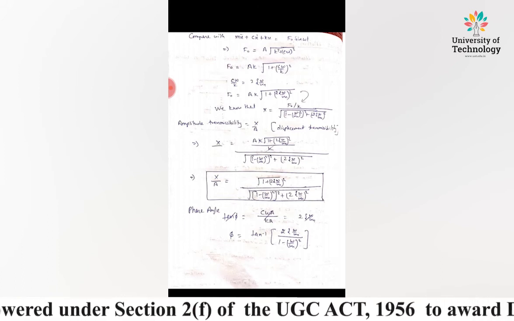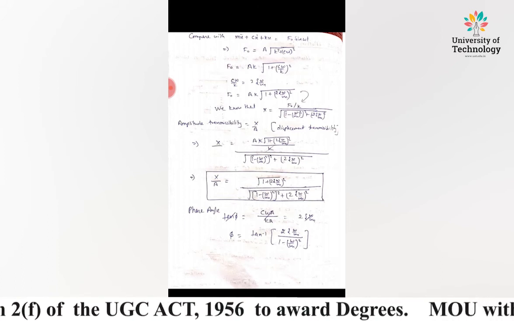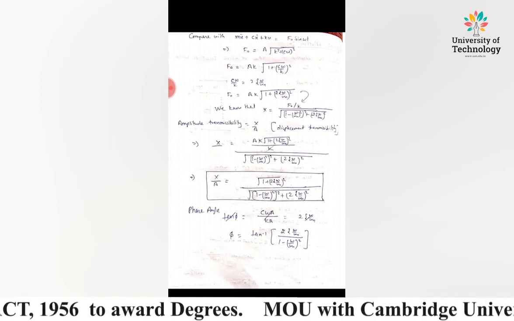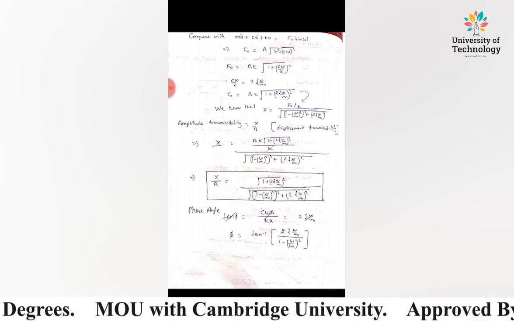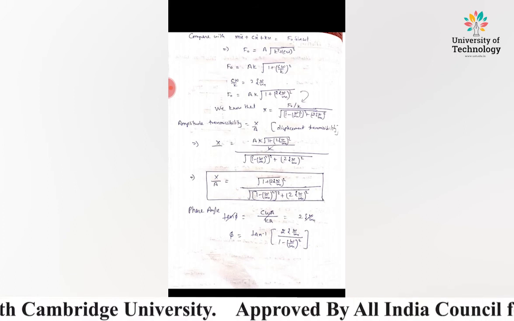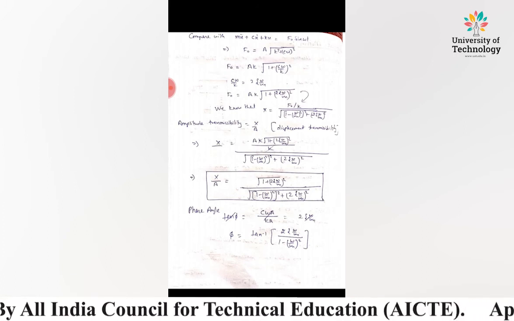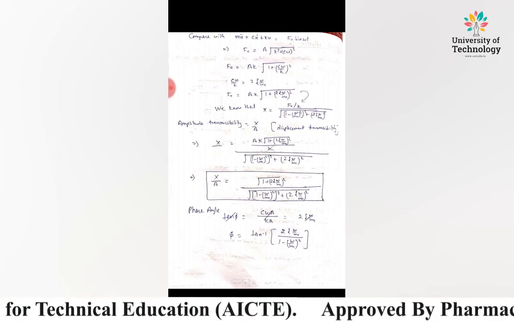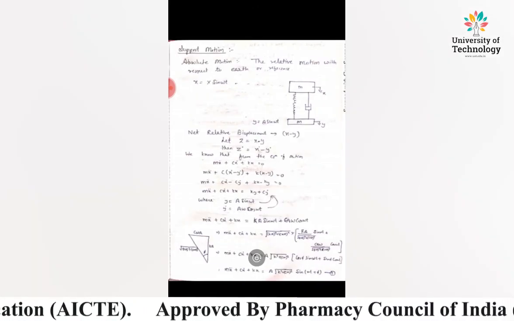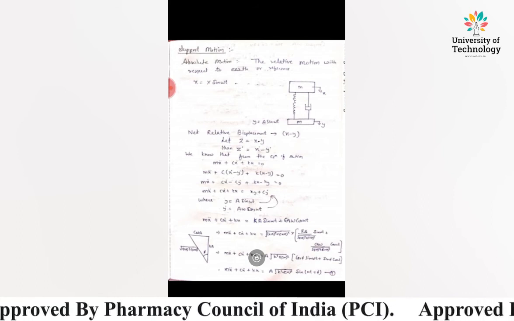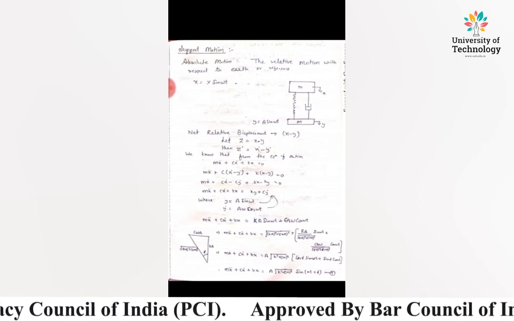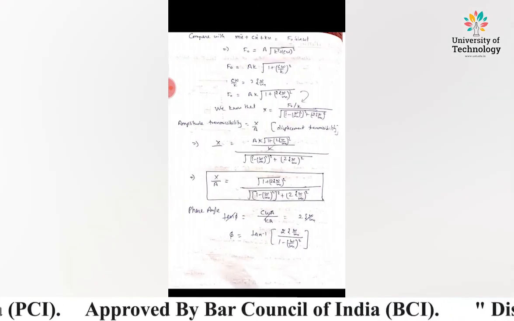If we compare this with the first vibration equation, m x double dot plus c x dot plus kx is equal to f naught sin omega t, then the force f naught is equal to A root of k square plus (c omega) square.